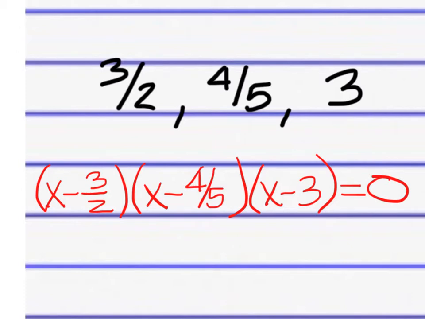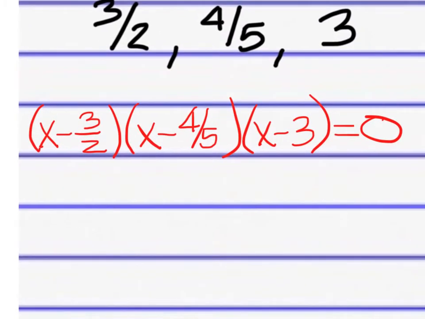Multiply these in any order. I like to leave the one out front alone for right now in each case. So I'll leave x minus 3 halves alone, and then multiply the back two.